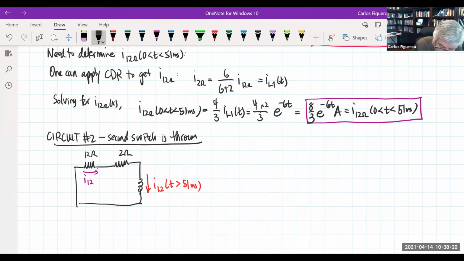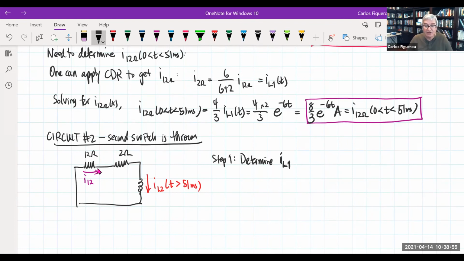So here I go. I'm going to go through the exact same steps. The first step that I got to do here is determine the initial condition. So what's the initial condition? Well, the initial condition is created by the interval circuit.